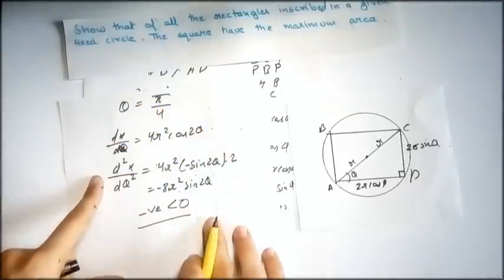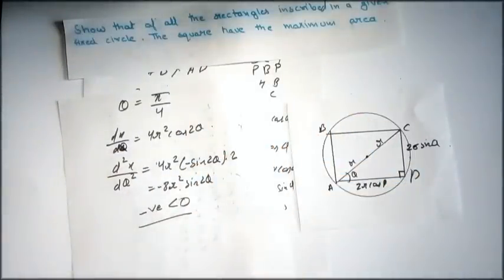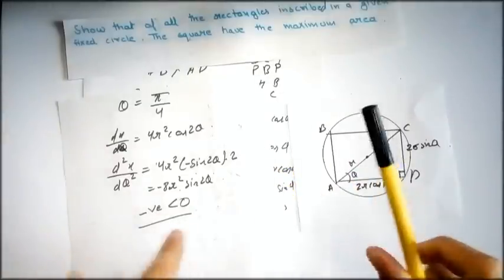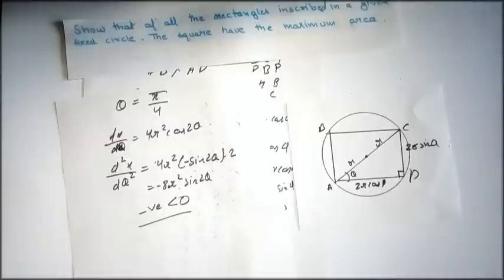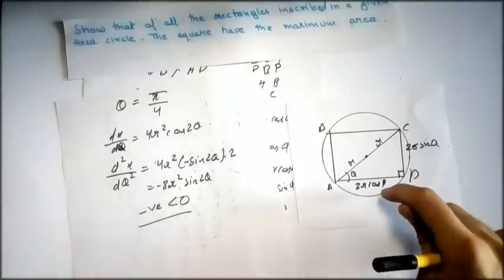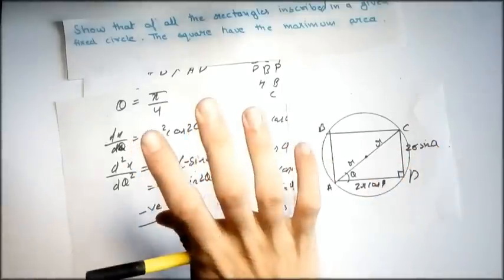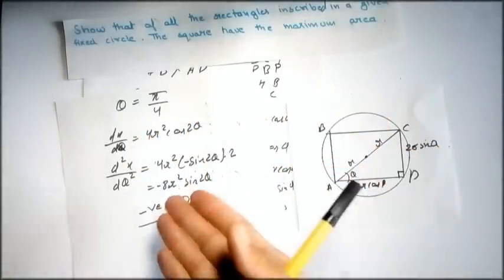This value is maxima, so the area will be maximum, and the maximum area will be of a square, but we have to prove it for now. So what is the property of a square which is different from a rectangle? That is, it has same sides. So if we put theta in both sides, and if we get these two sides same, this means that we have a square and it has the maximum area.